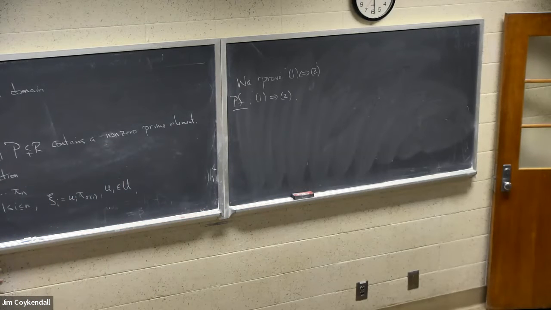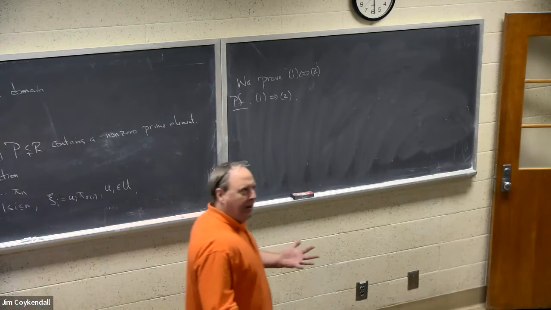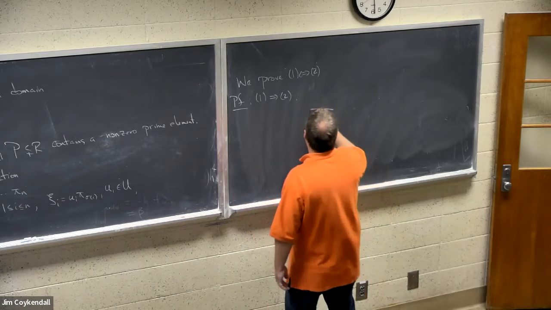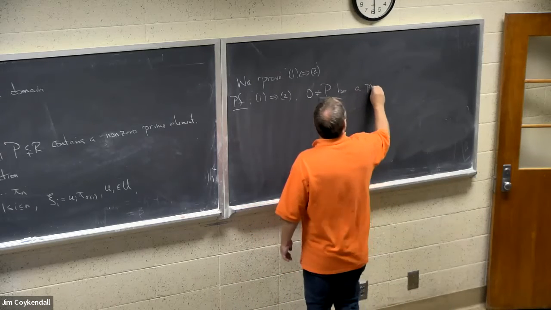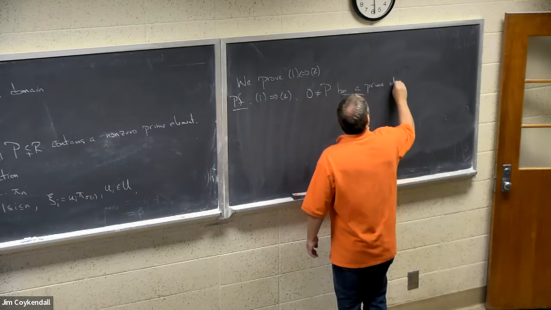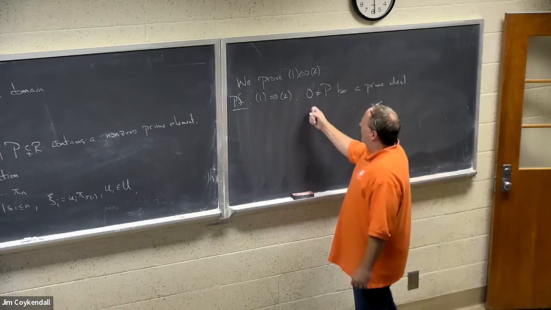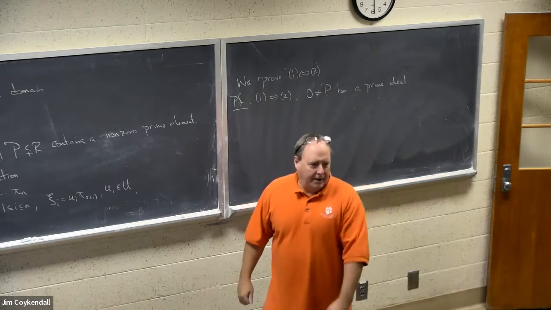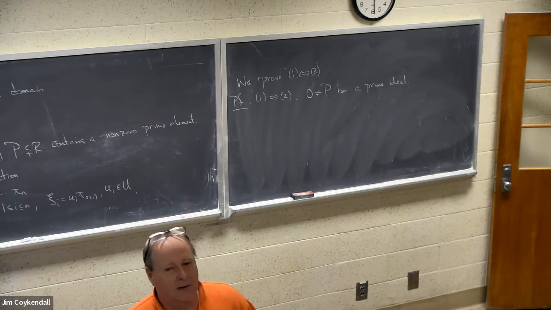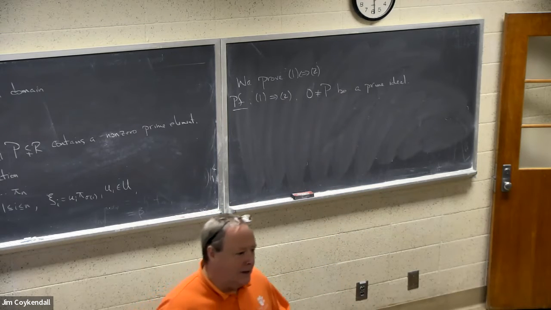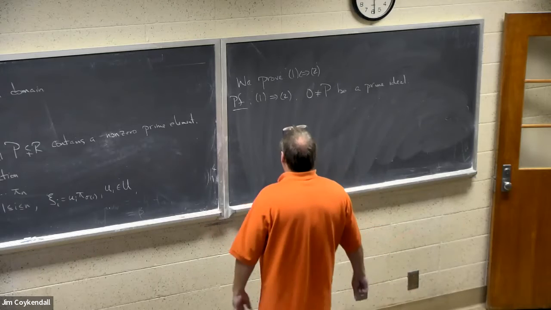And what do we want to do? We want to show every non-zero prime ideal contains a non-zero prime element. Okay. Guess what? If I've got a non-zero prime ideal, it better have a non-zero element in it, right? So here we go.